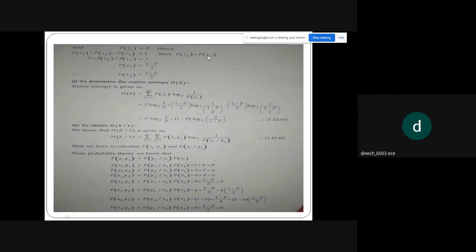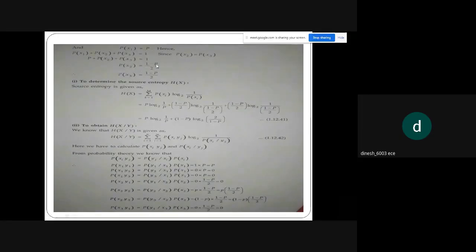And since P of x2 and x3 are same, we can substitute here. P plus P of x2 plus P of x2 is equal to 1.